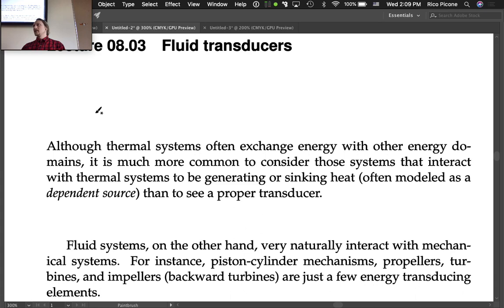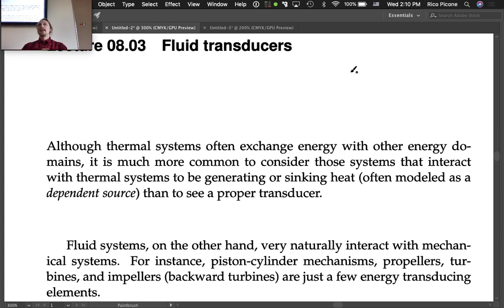You can model relatively easily a heat sink sort of model where you've got fins that have some nice cooling effect. Those are going to sink heat to the environment away from your system, and they do so based on the temperature of those fins. That's going to be a big aspect of it. So those would be dependent sources. We do have to keep in mind that those are very common.